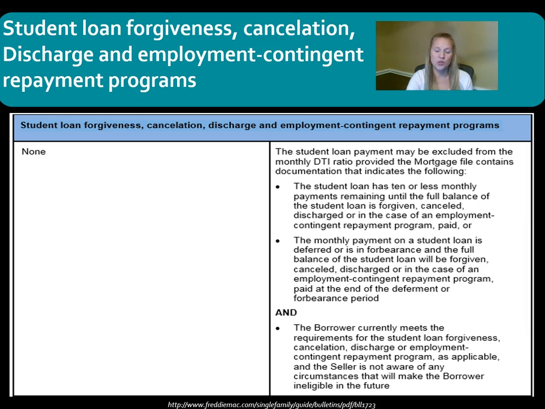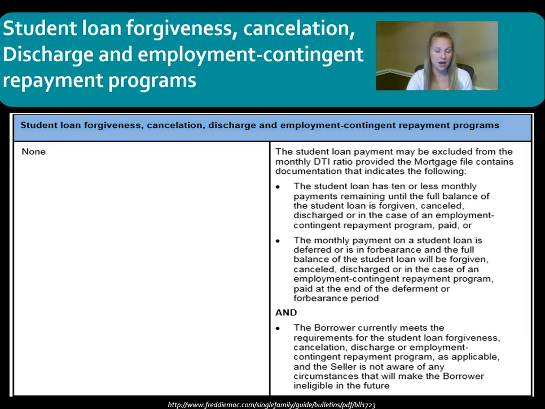Moving on to student loan forgiveness, cancellation, discharge, and employment contingent repayment programs. This is also a really good revision for us as underwriters and for the borrower. Before, in the old guideline, there were none to take into consideration.